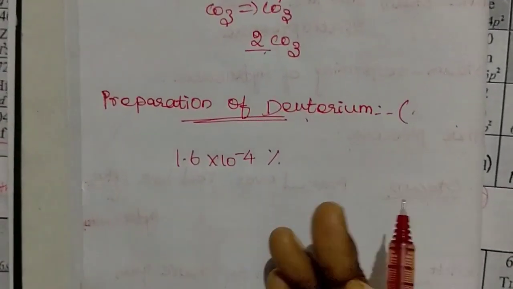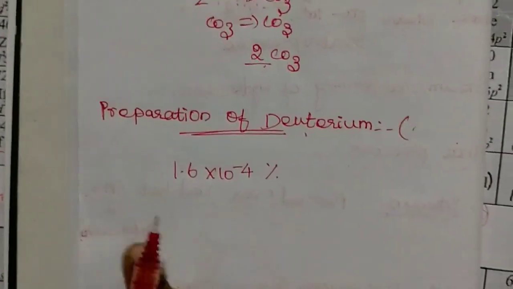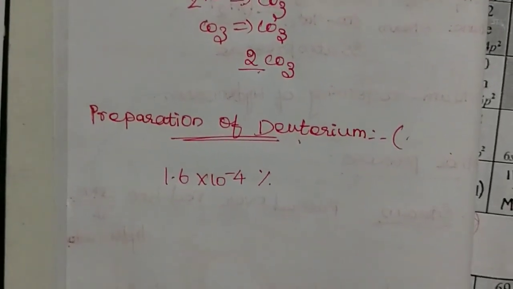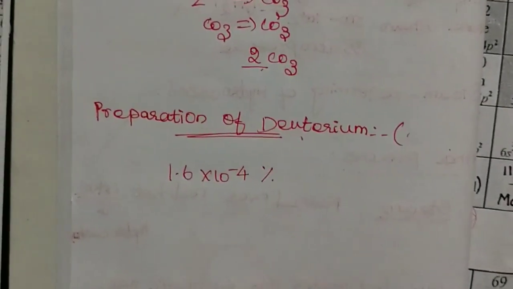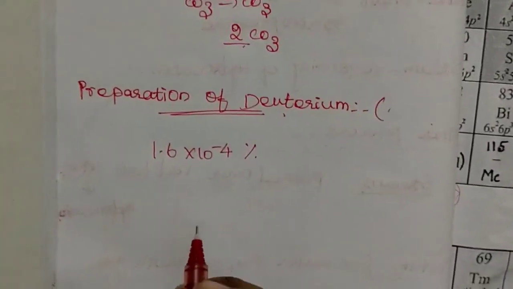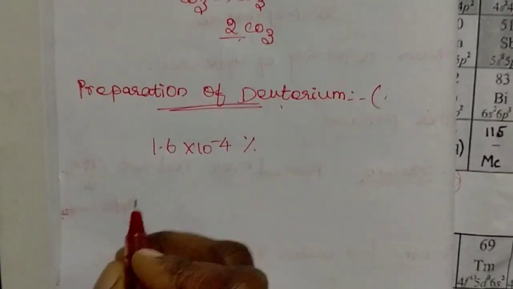So first hydrogen is removed, then the electrolysis continues until the deuterium is liberated, getting enriched water of deuterium. So the given process is explaining the electrolysis of heavy water.